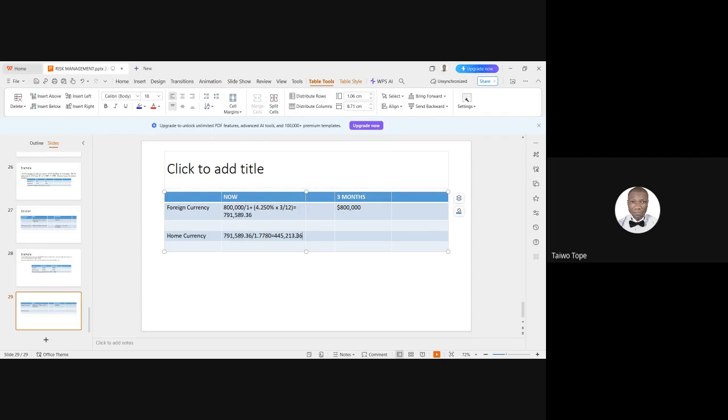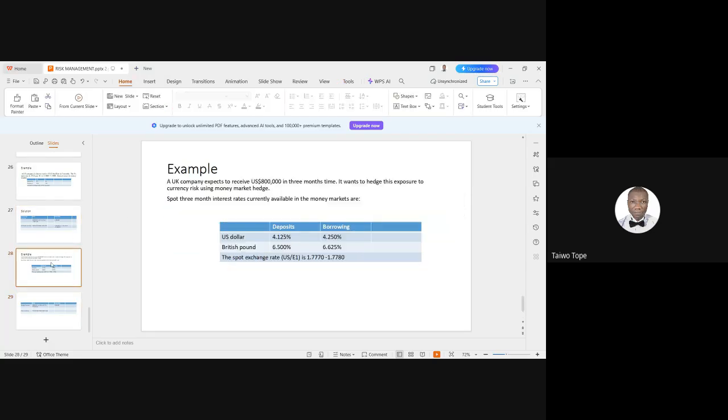So this value you borrowed, you converted to your home currency. As you convert, you make a deposit of it, right? In home currency, when you make a deposit, at what rate? UK is the home currency. Which currency are they using?